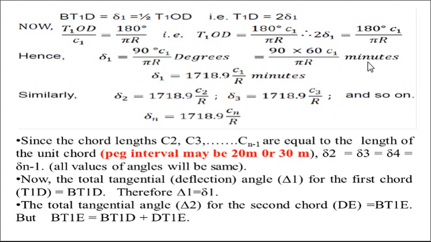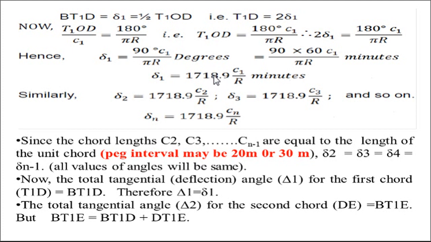The angle will be in minutes, and finally delta 1 is equal to 1718.9 into C1 divided by R, in minutes.